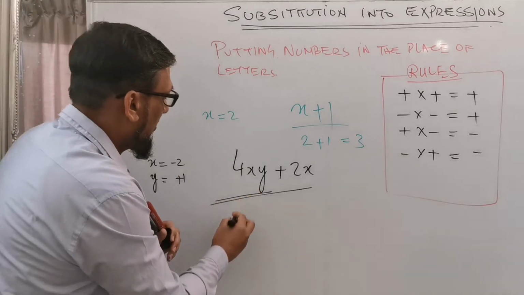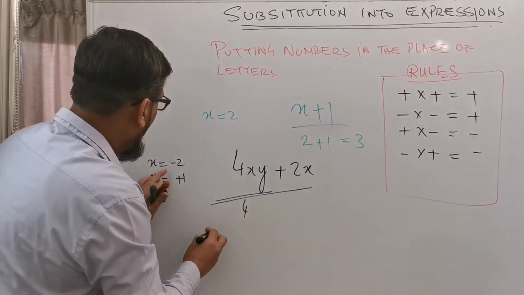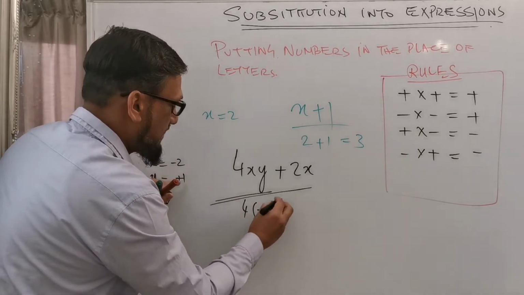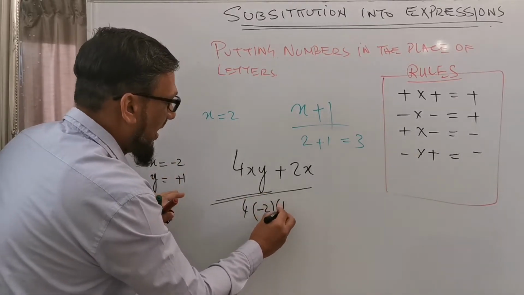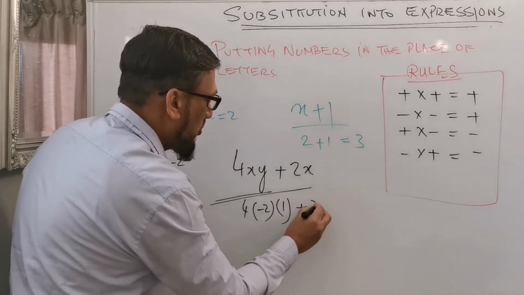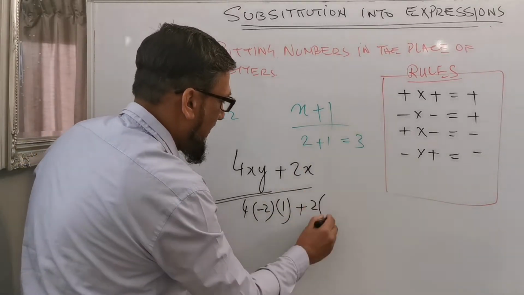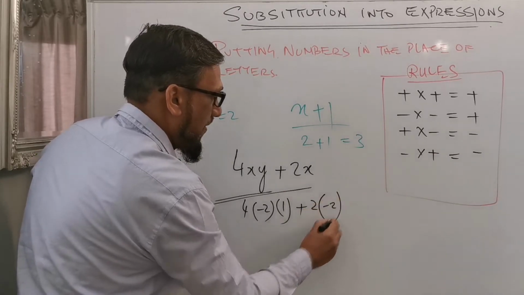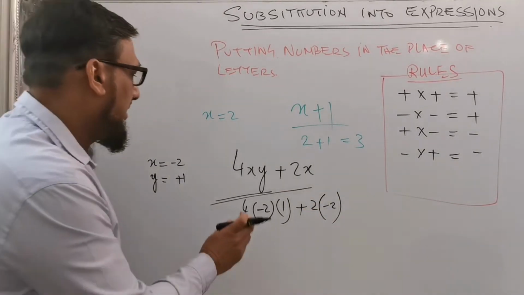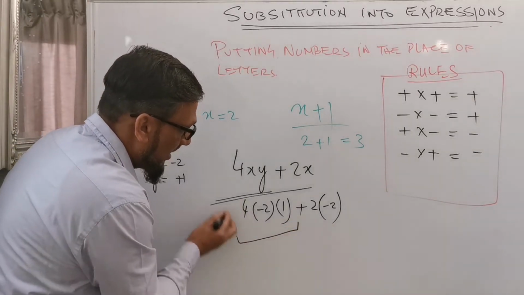So the value of x is minus 2, the value of y is 1, and then plus 2 times x, which is minus 2.